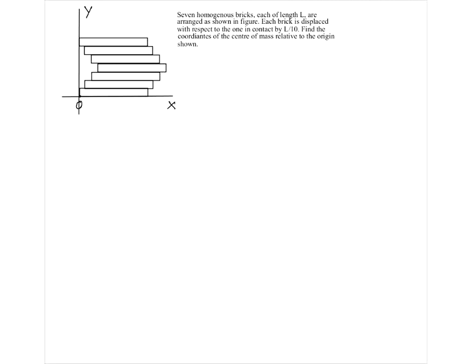Brick is homogeneous. Homogeneous means its center of mass would be at its geometrical center. So replace one brick by a point, another brick by a point, another brick by a point, on and on and on and on.